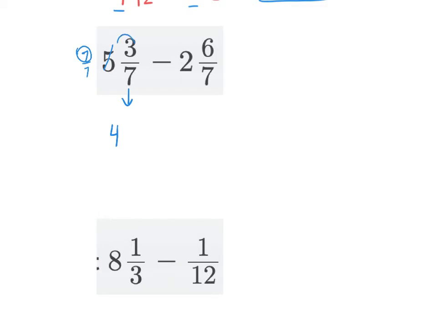So 7 plus 3 gives me 10/7. And now I can go ahead and do my subtraction. 4 minus 2 is 2. 10 minus 6 is 4/7. 2 4/7.